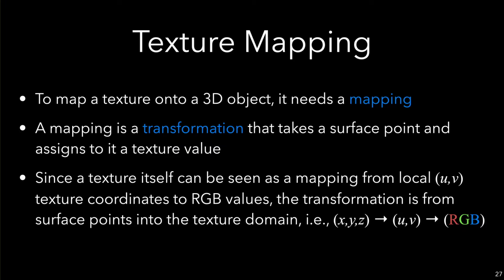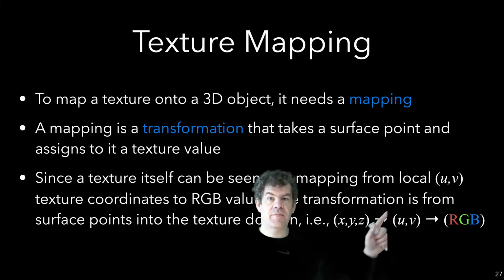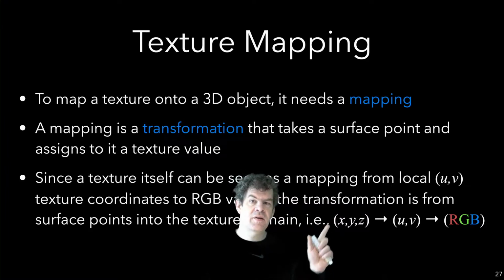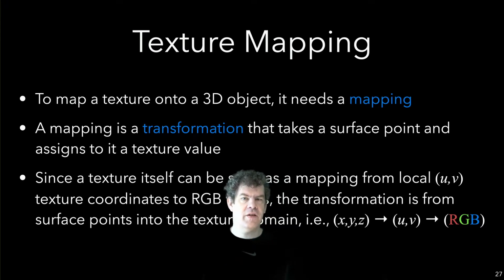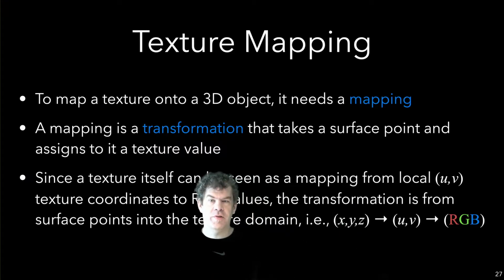We have the 3D coordinates of the vertex, and that has texture coordinates, let's call them UV here, and those we need to specify. Those UVs then get turned into usually a color value, but there are situations where this is not the case, so let's stick with the simple case for a second. Ultimately we want to map a surface point that has an XYZ coordinate to its color. That's what we always need to do.